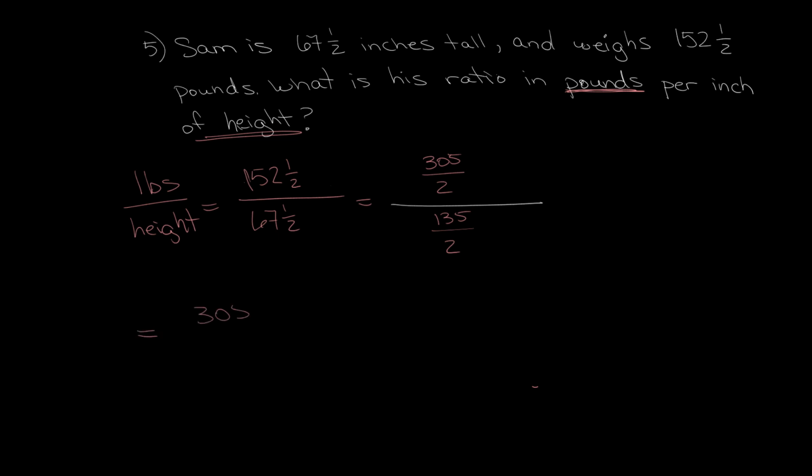So 305 over 2 multiplied by 2 over 135. The 2's would cancel out. And I can divide these. If I did, it would simplify to 61 over 27, which I can write as 2 and 7 over 27.